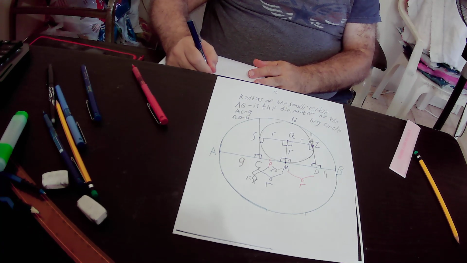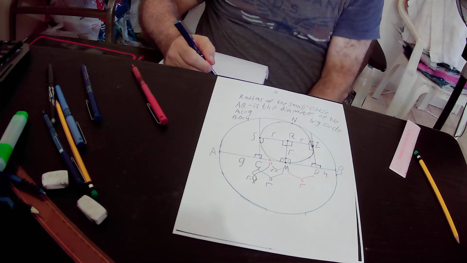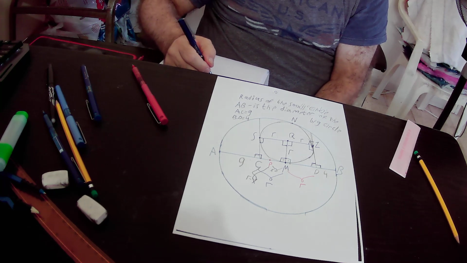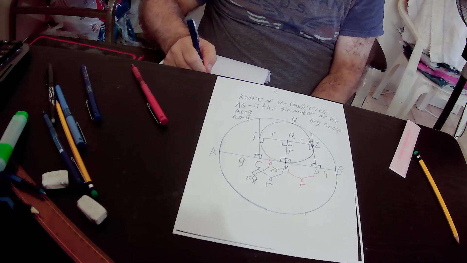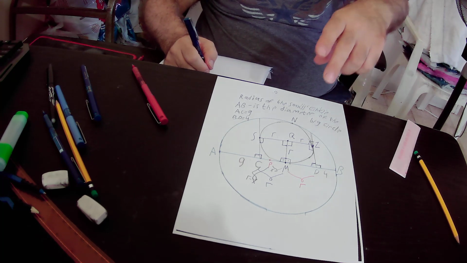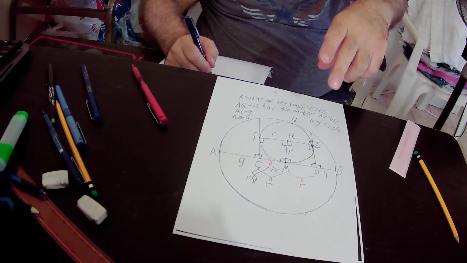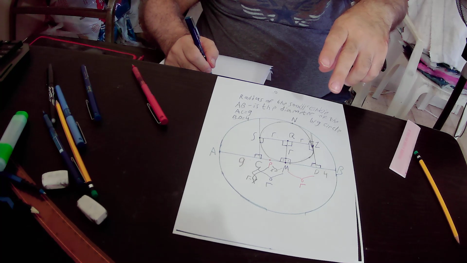So the distance between their centers, according to rule number 5, will be equal to the difference between the lengths of their radiuses.